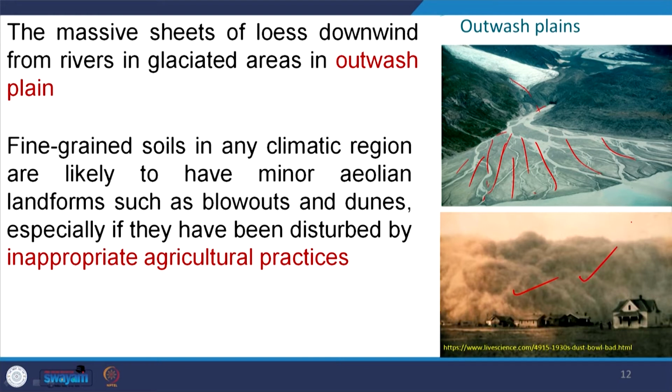So, the Dust Bowl was due to inappropriate farming, lack of vegetation, and availability of fine sediment material. Those are the suitable conditions responsible for effective work of wind, redistribution of sediment, and modifying the landscapes.